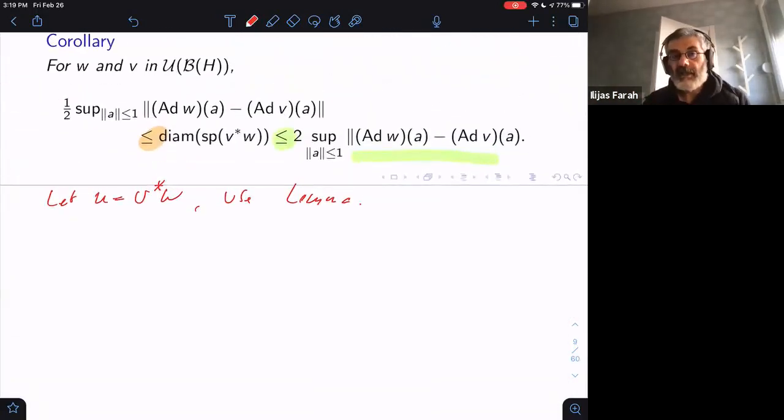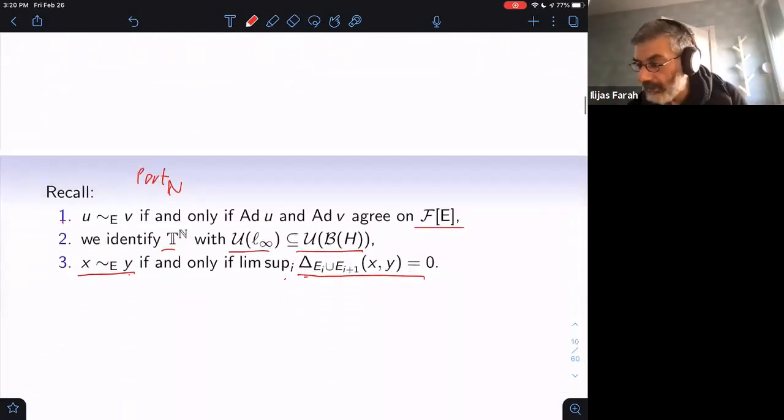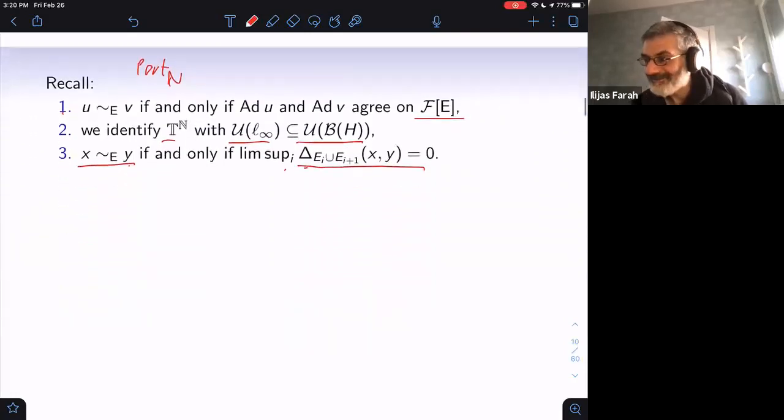You see it's this diameter of the spectrum of a unitary. It basically converges to 0 if and only if the conjugation by that unitary, in the point-norm topology, actually in the uniform topology, converges to the identity function. And that's exactly what we are after here.